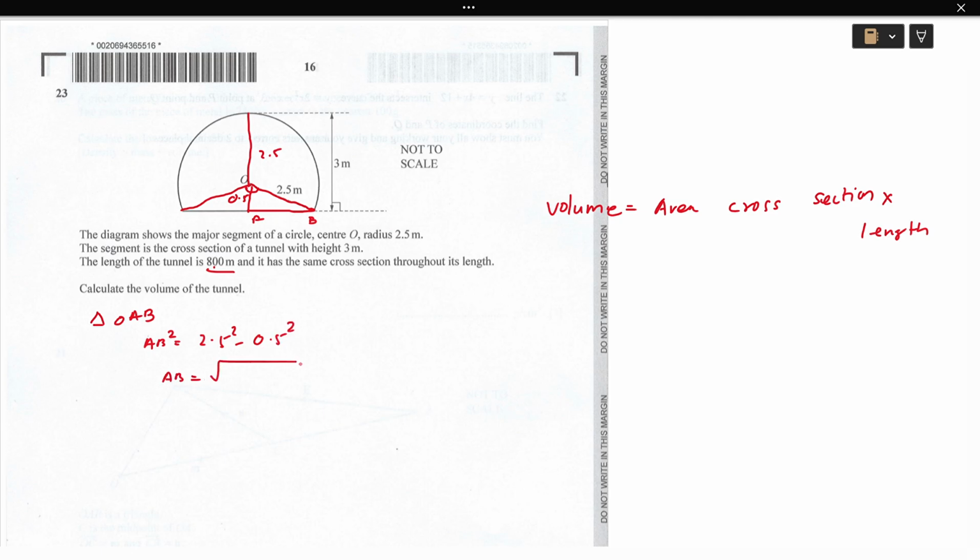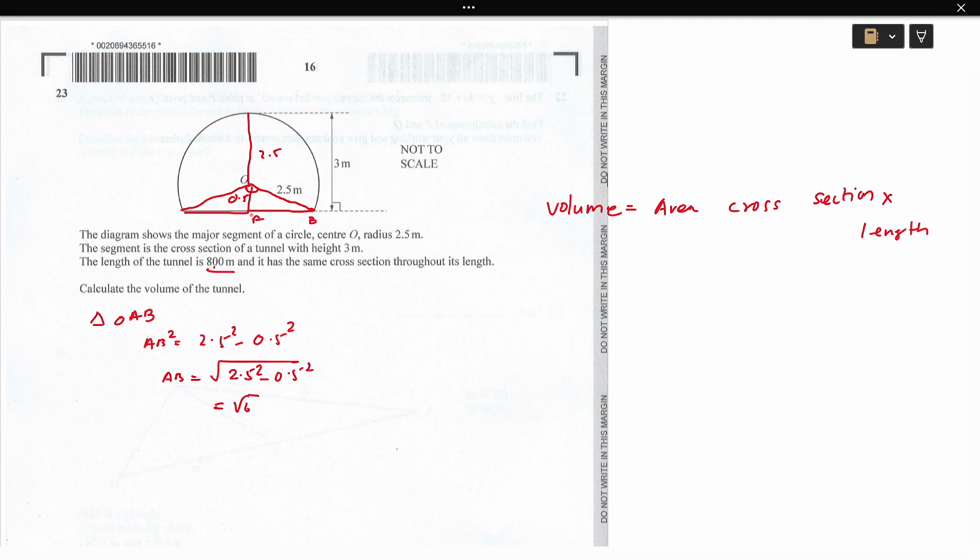So AB equals the square root of 2.5 square minus 0.5 square, which is square root of 6. So AB equals square root of 6.